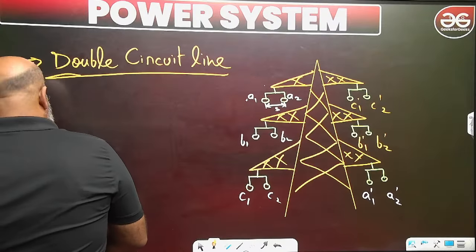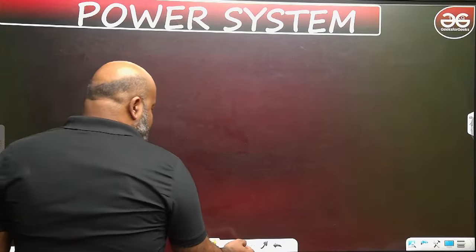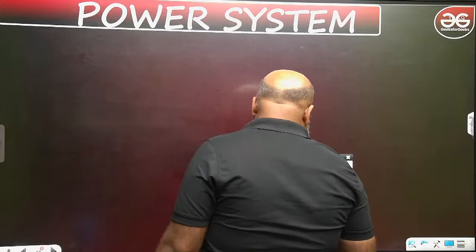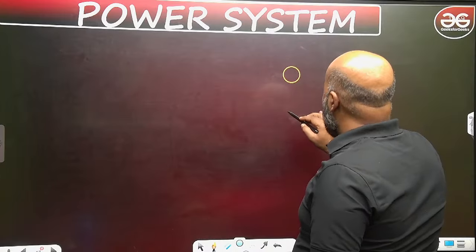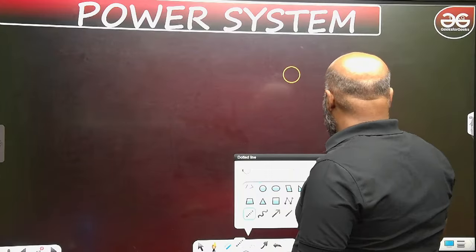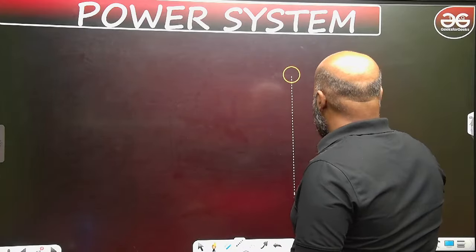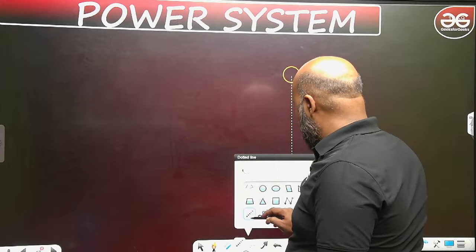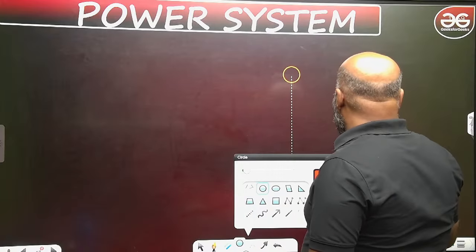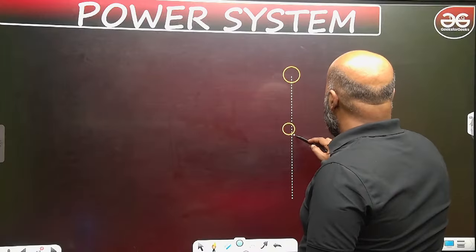Suppose you have a double circuit line like this. I am just drawing one.